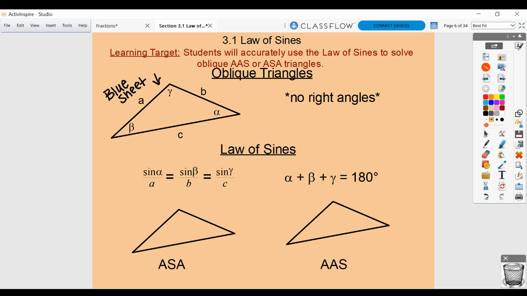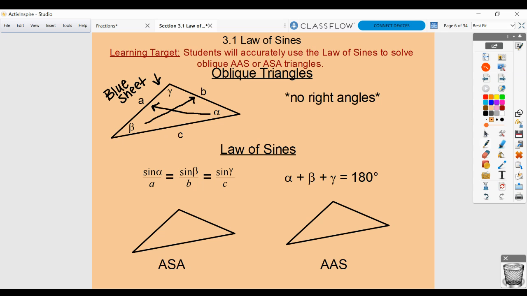Okay, so if you take a look at it, you have side A, side B, and side C. And then you also have angle alpha, which is across from side A, angle beta, which is across from side B, which was the same as dealing with right triangles.